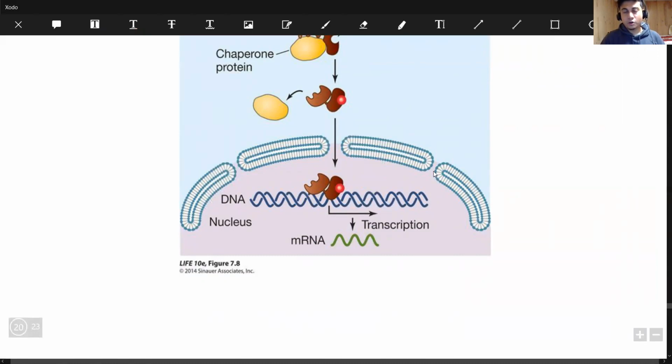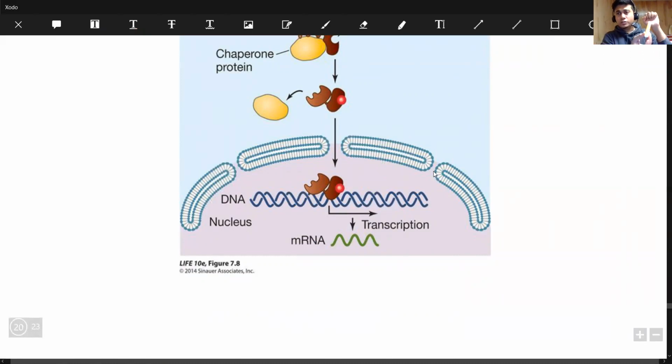Now, one thing is important to remember: this cortisol receptor activity, we sometimes call it the zinc finger receptor. Remember that these receptors are made up of zinc moieties. Let's say this is the zinc finger receptor, and this is the cortisol.